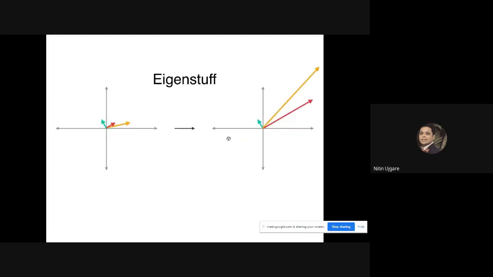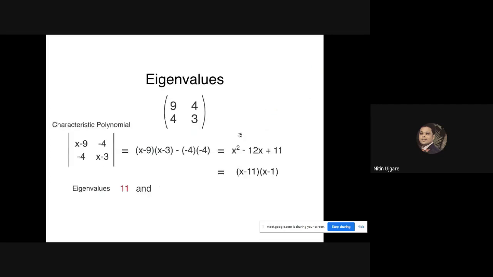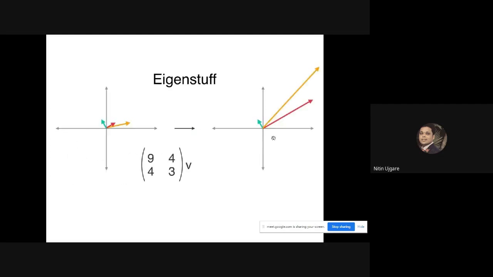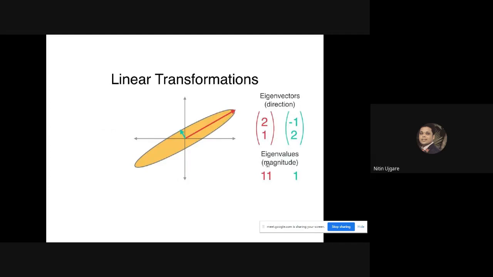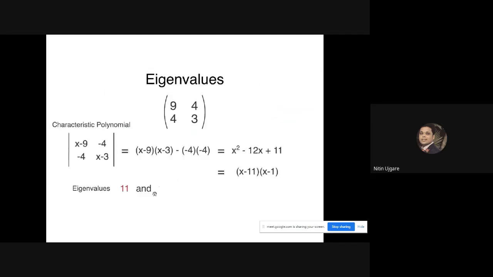Now how do I calculate the eigenvalues? How do I get these two eigenvalues, 11 and 1? We will use the characteristic polynomial equation. We will take the determinant of this covariance matrix: x minus 9, minus 4, minus 4, x minus 3.